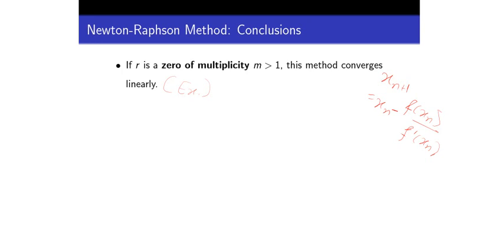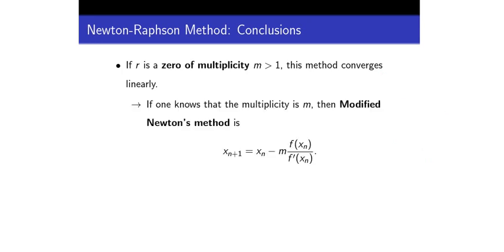Okay, so to achieve the quadratic convergence, you have to modify this method. For modifying this method, you multiply here by m. Then you can show that this modified method, in the same way, you just subtract r from both sides and try to express it using Taylor series.